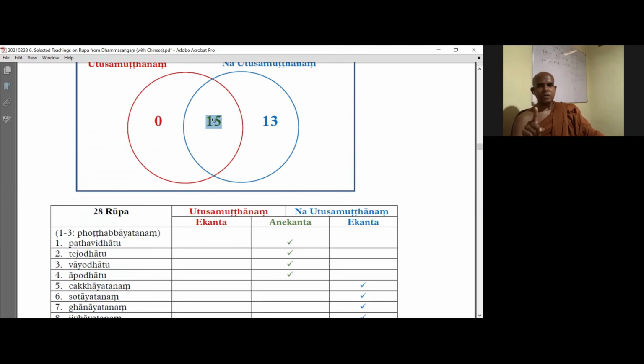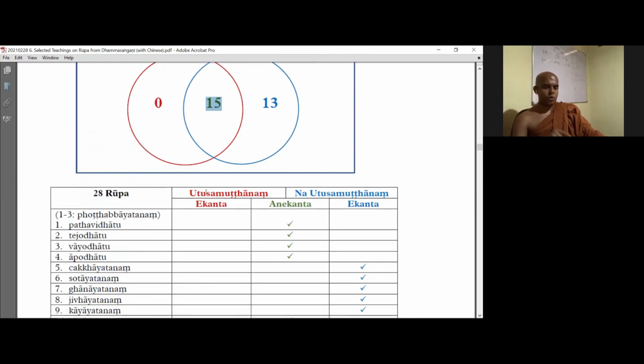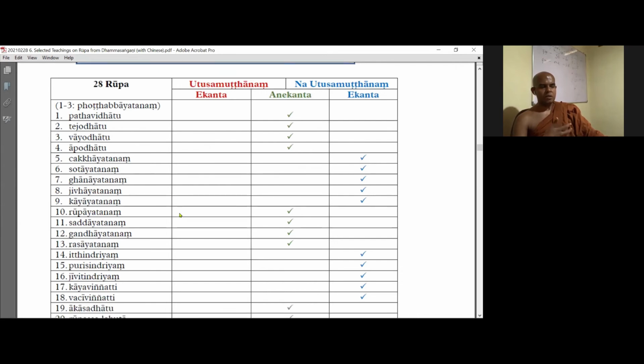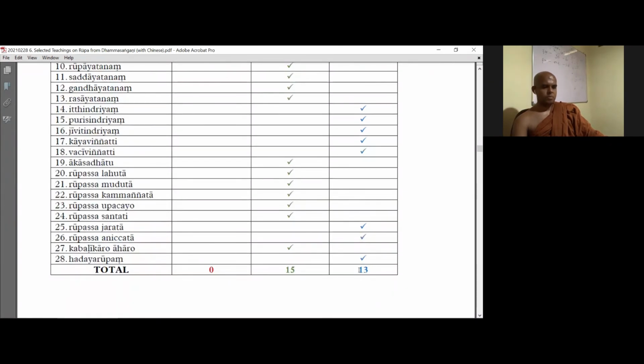Now the sound is included for the Utu Samuttana, because sound can be produced by Utu. Now there are 15. Na Utu Samuttana rupa, there are 13. The total becomes 28.